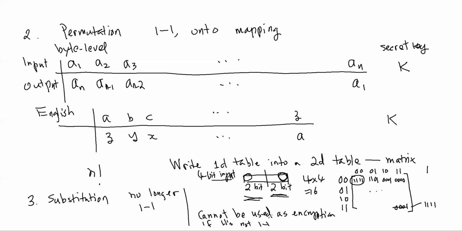But both of them are pre-computed. Permutation and substitution are pre-computed in the form of either a linear table or a binary table. It is more often that we use a binary table because this is convenient to write, and also we can apply matrix operations.